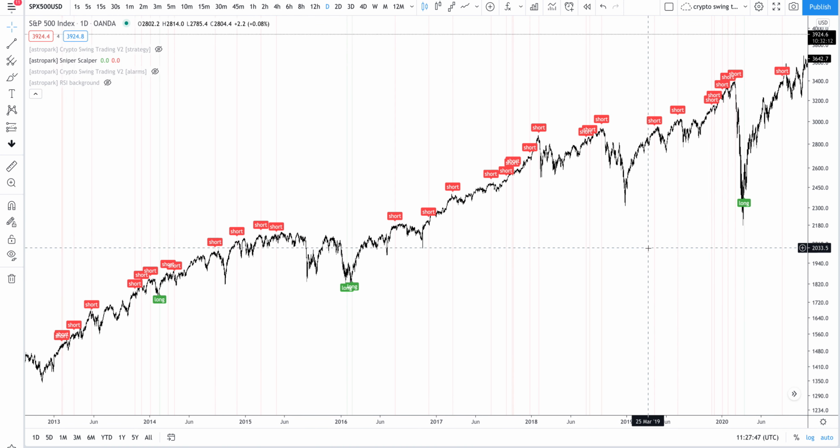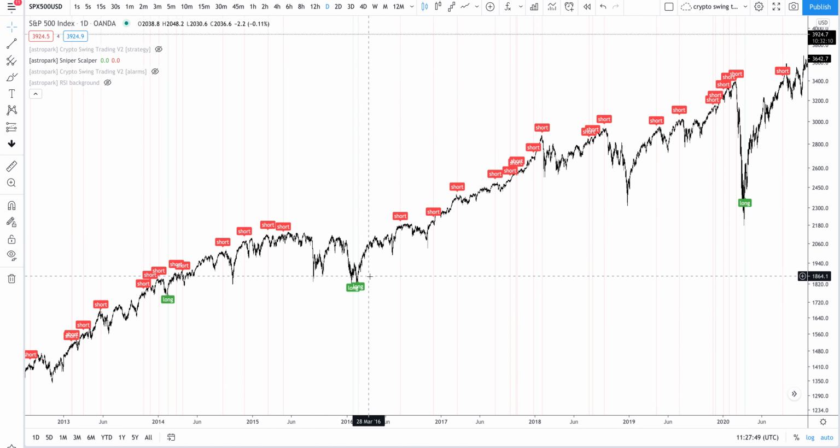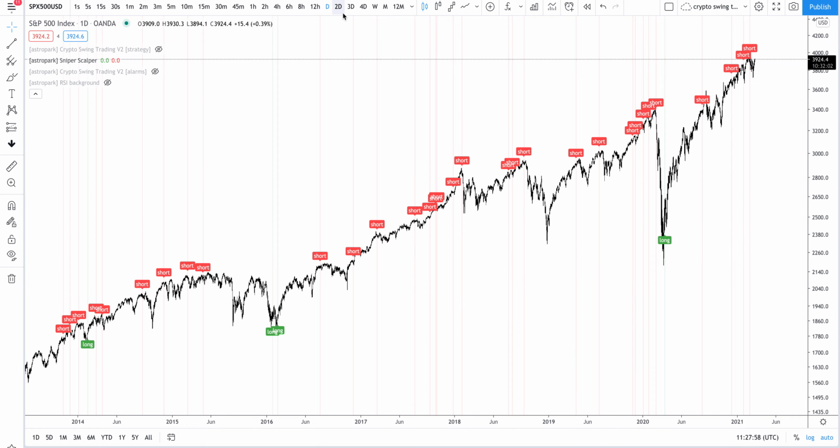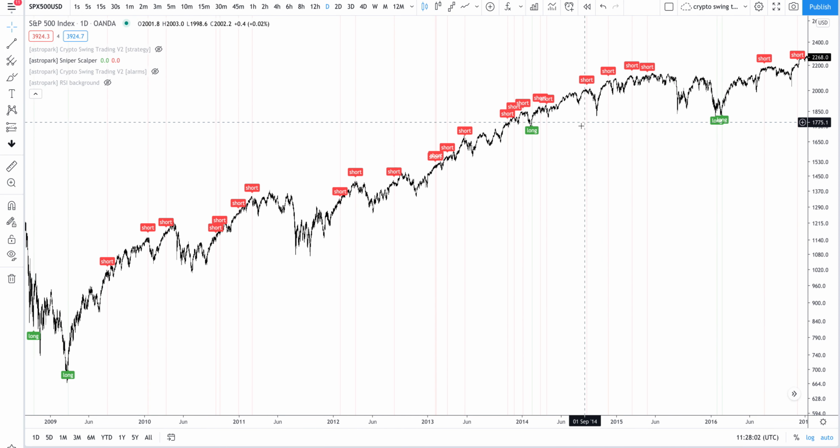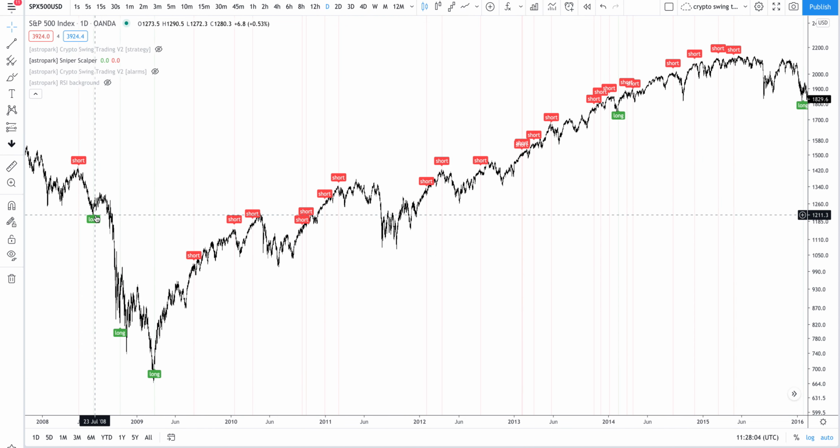If you, like me, believe we are living in a perma bull market, you will blindly follow any long signal. Especially here we are on daily time frame, so you can really trust these long signals.